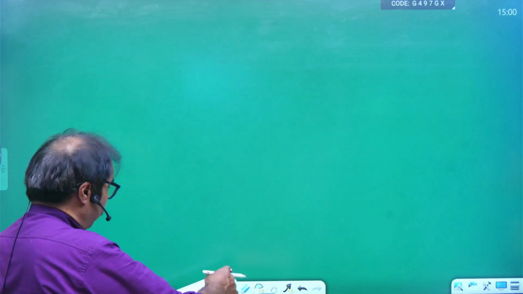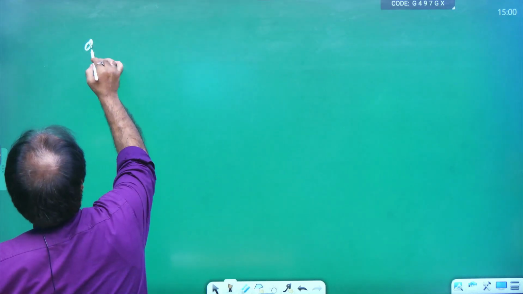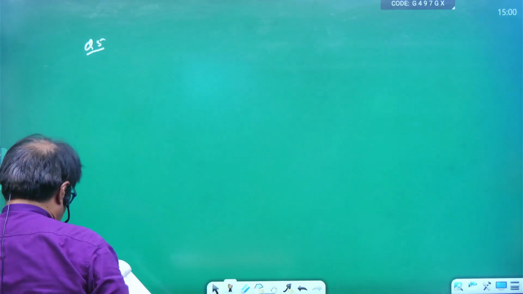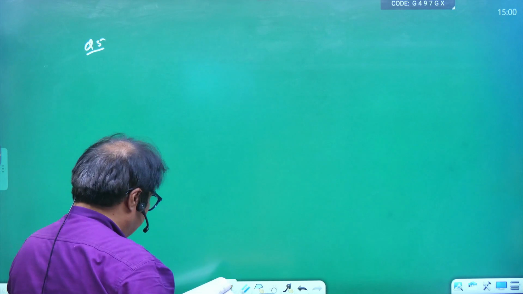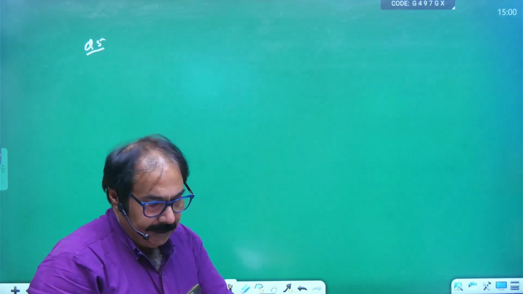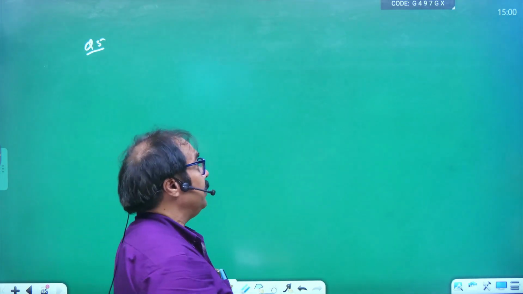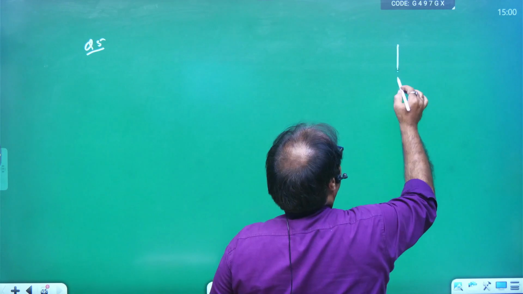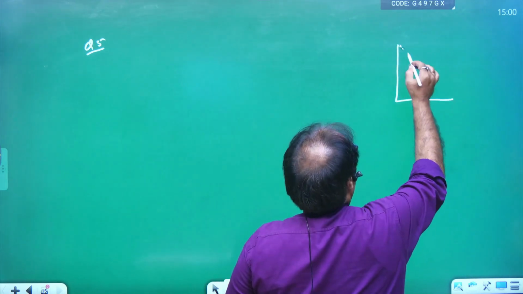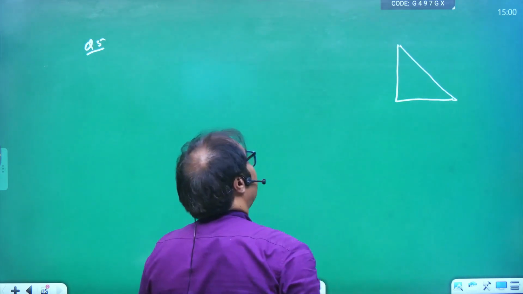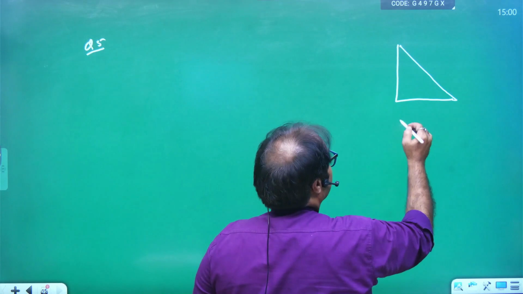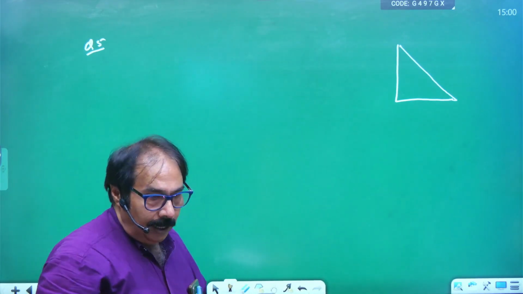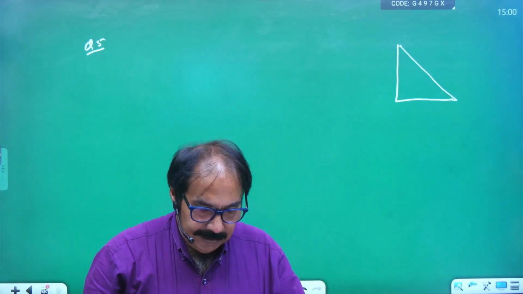So question number 5. The altitude of a right triangle is 7 centimeter less than its base. Suppose this is the right triangle and this is the base.